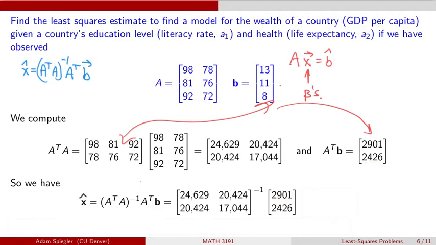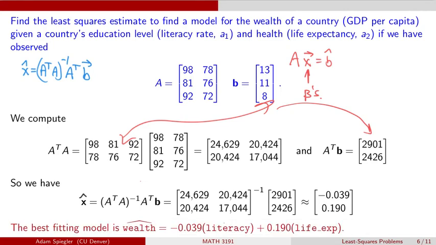And so multiplying A transpose A inverse times A transpose B gives us a vector which is approximately equal to minus 0.039 and 0.190.